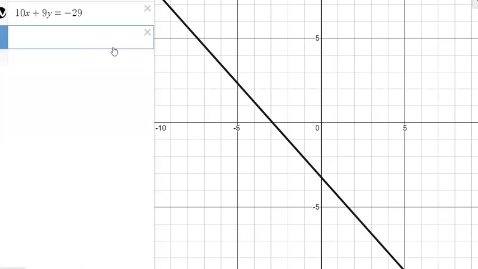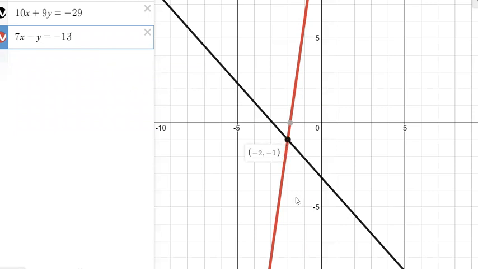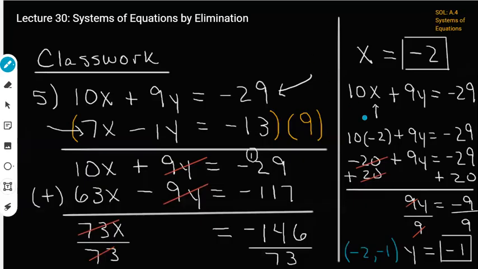But the bottom equation was 7x minus y is equal to negative 13, and that's going to generate the red line. And where do the two lines cross? Right here. -2, -1. So that's one of the ways that you can check your answer, is by graphing. And -2, -1 is exactly what we got right here.